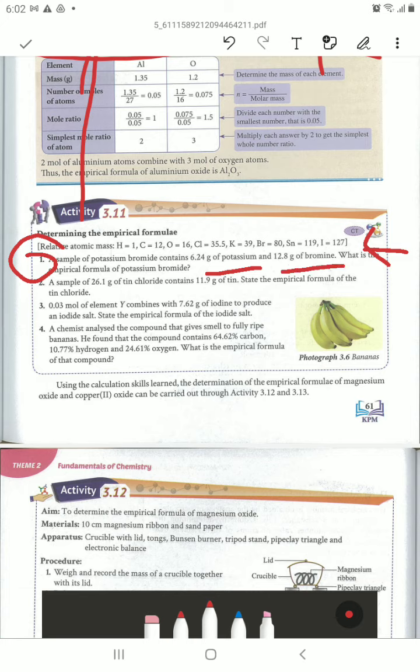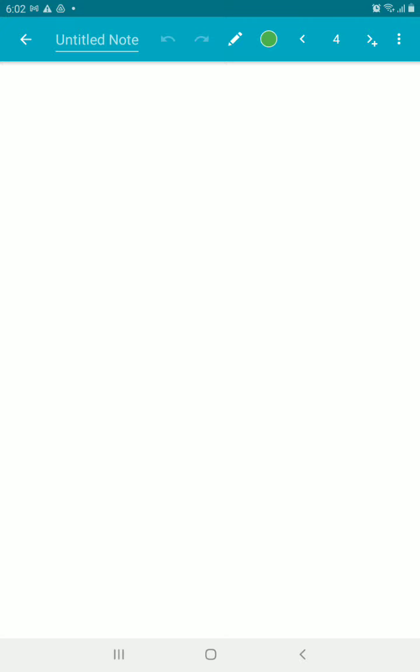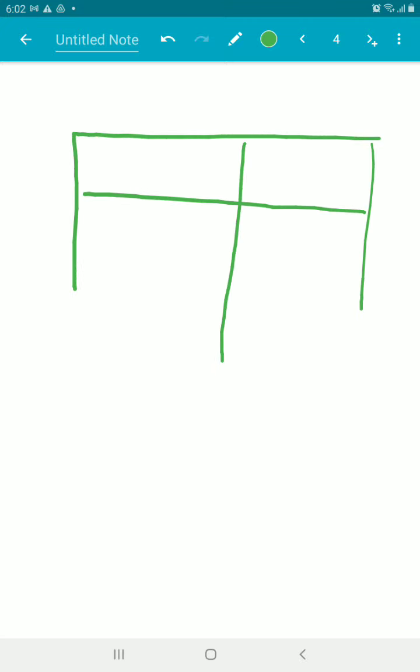From this question, you can draw a table with 2 columns. The 2 columns consist of potassium and Br. Next is mass.